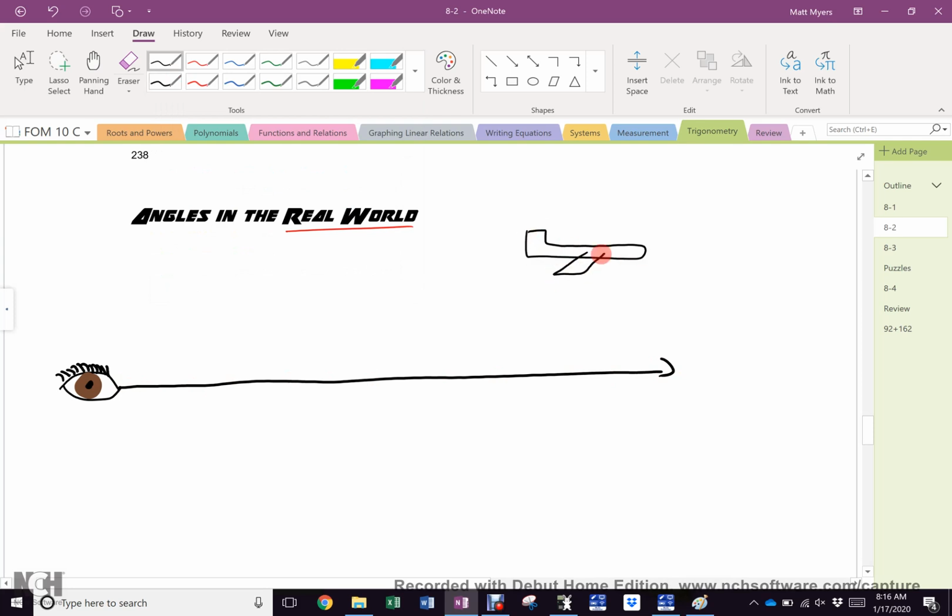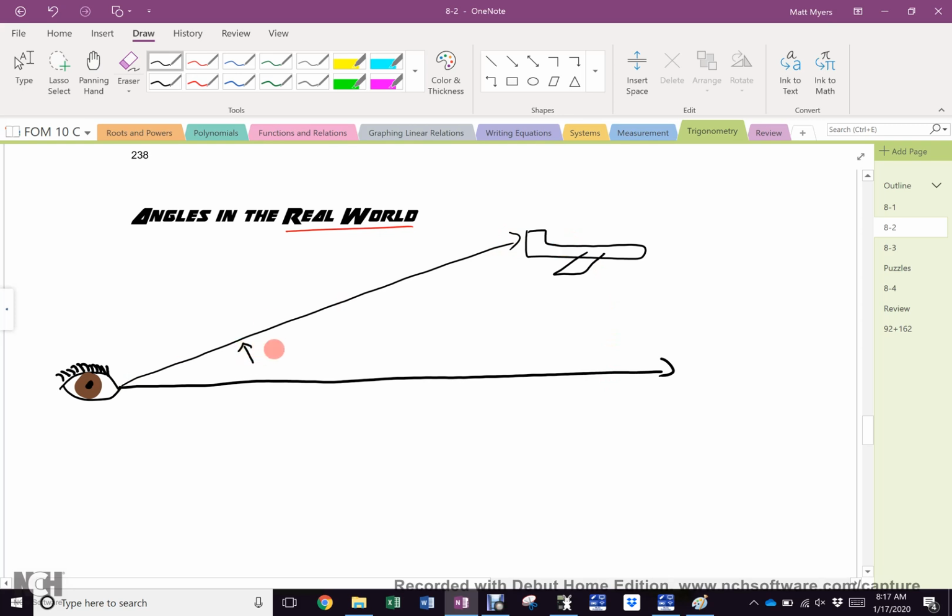Plane. Everybody looks up when they see a plane, doesn't matter what they're doing. You hear a plane go over, everybody looks up. So where does your eye go? Up. So you're going to look up here. Your eye was down here, now it's up there. It made this angle. Yes?